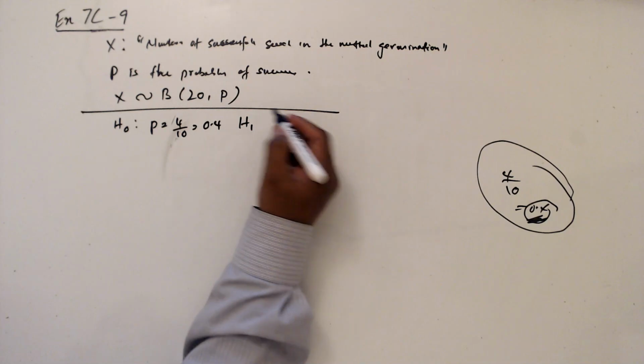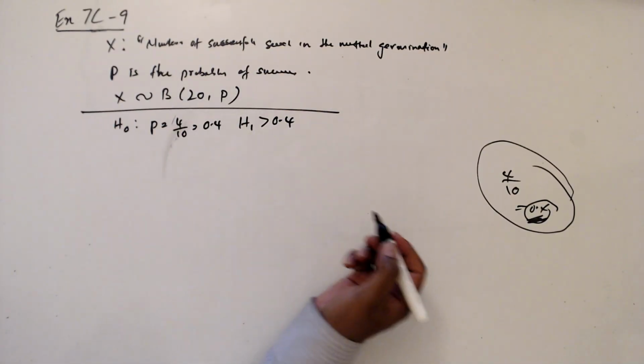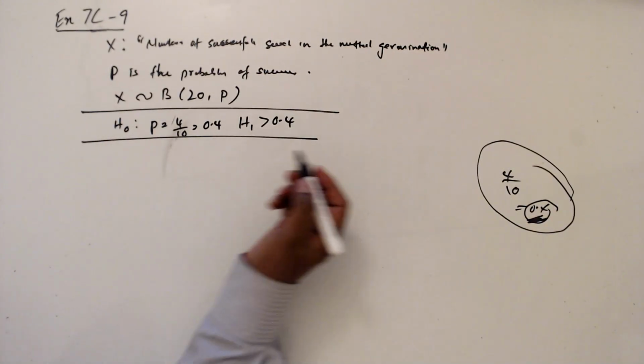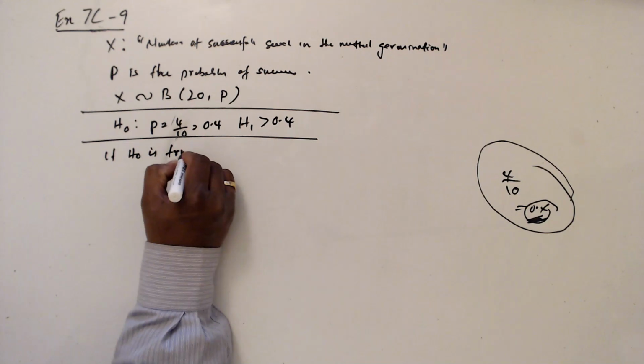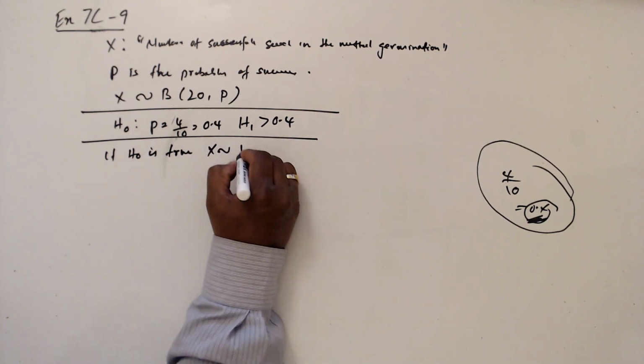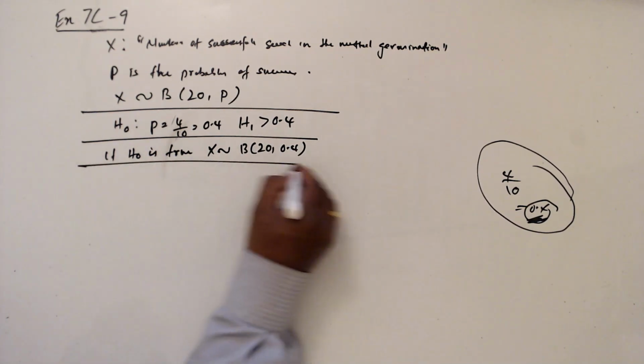And H1 is that successful means it is greater than, an upper bound one. And if H naught is true, X should follow binomial 20, 0.4.